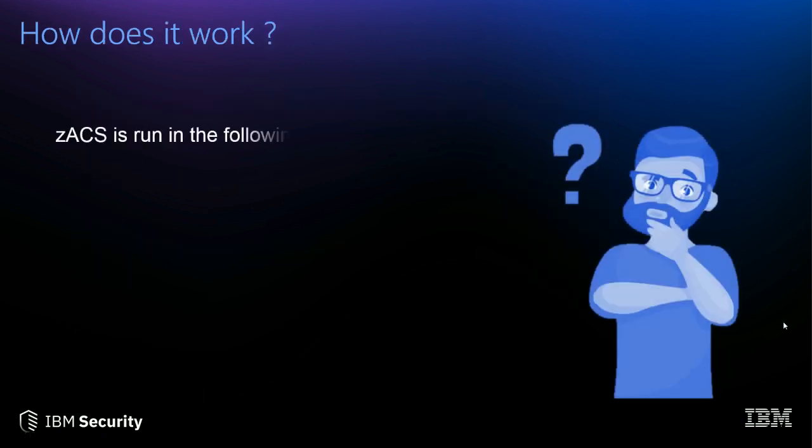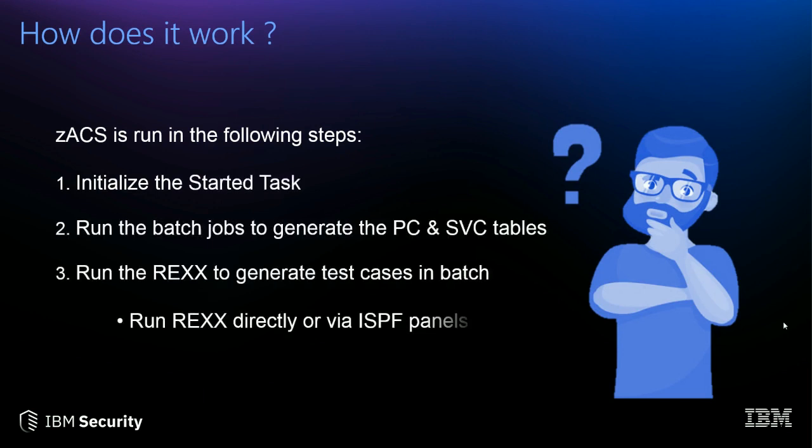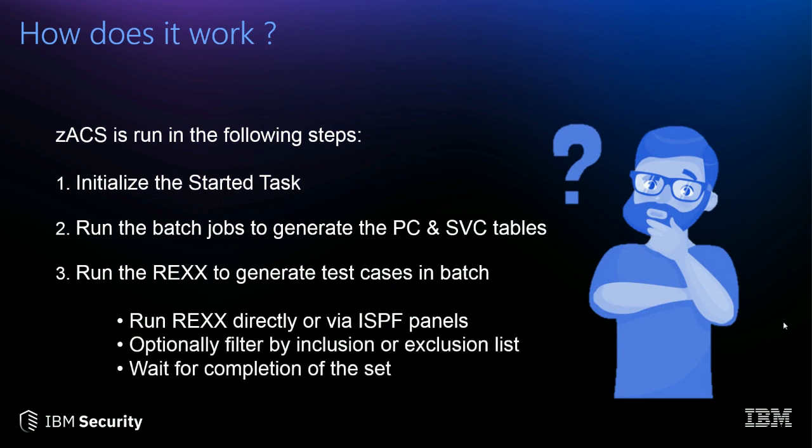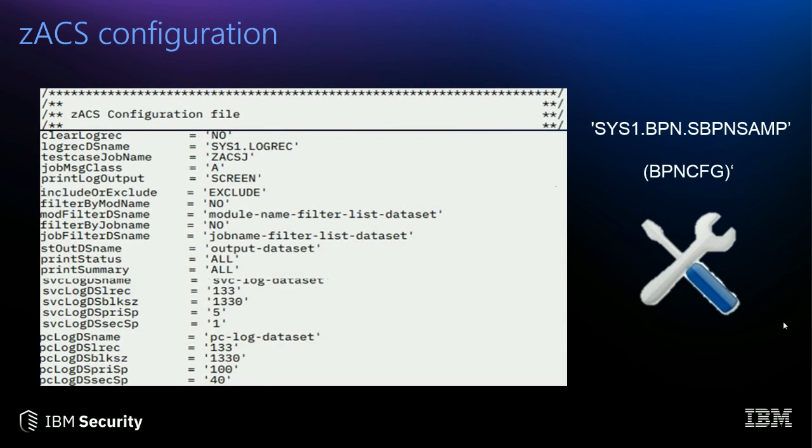How does it work? zACS is run in the following steps. First one, initialize the started task after the configuration. Run the batch jobs to generate the PC and SVC tables. Run the REXXs to generate test cases in batch. Okay, it's very simple. First of all, you have to configure zACS.